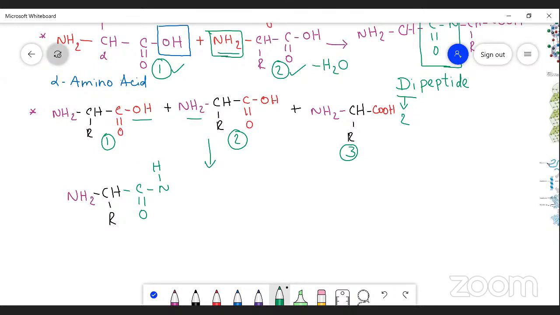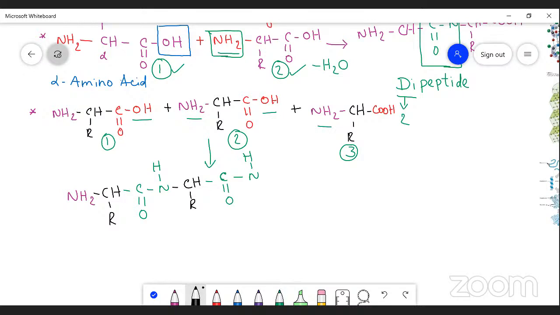We get 1 peptide bond here. Then CH and R remain. Again the CO and the NH2 group react and form a peptide bond, with C double bond O and NH. Correct? The OH group and the hydrogen react together and form the peptide bond.